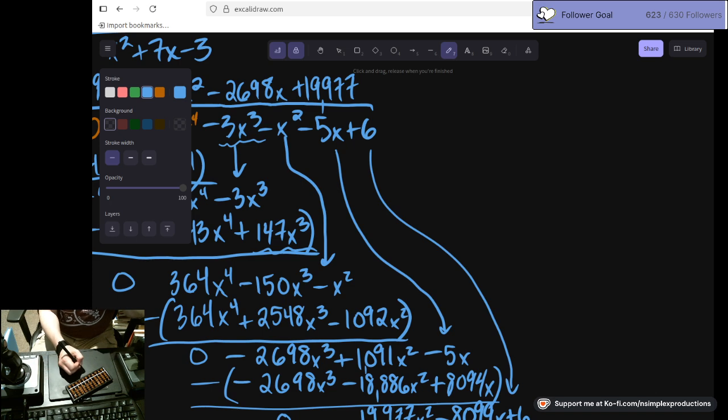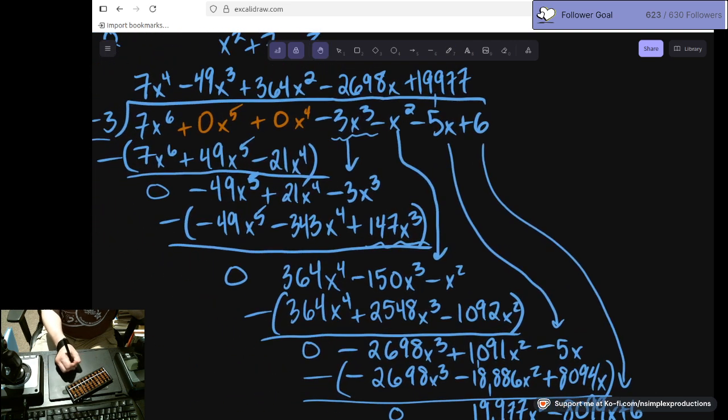We're going to have a fraction in the sense that we're going to have a remainder and the divisor. And when we bring the remainder and divisor together, that gets us the remainder fraction that we're going to get for this division.